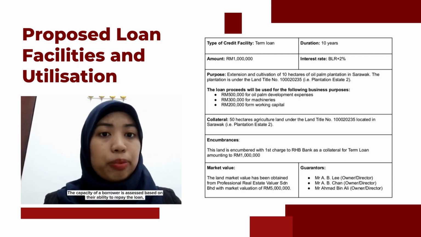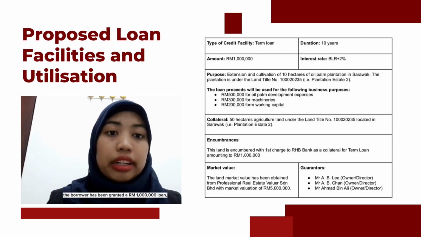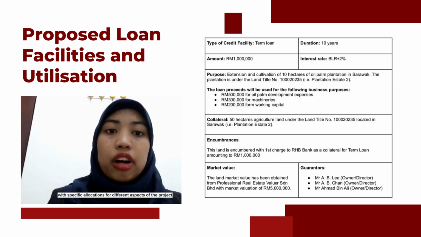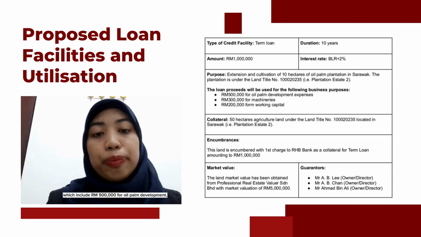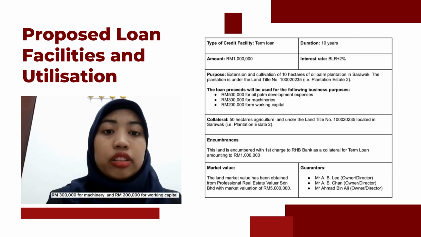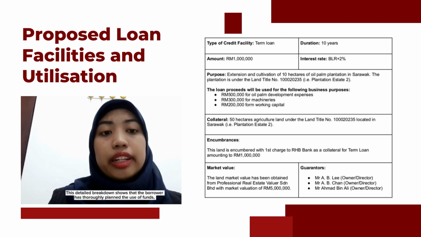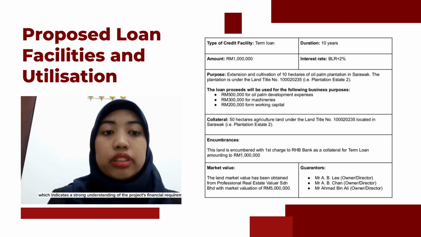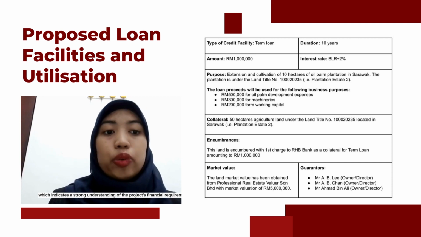The capacity of a borrower is assessed based on their ability to repay the loan. The borrower has been granted a 1 billion ringgit loan with specific allocations for different aspects of the project, which include 500,000 ringgit for oil palm development, 300,000 ringgit for machinery, and 200,000 ringgit for working capital. This detailed breakdown shows that the borrower has truly planned the use of funds, which indicates a strong understanding of the project's financial requirements.